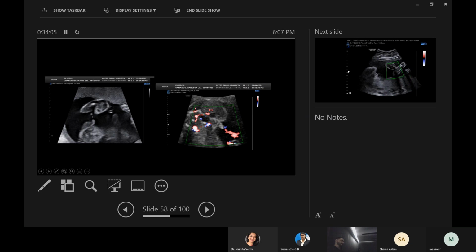Now, as I told you, in India there is a problem in seeing the gender also, but in this country we have to check. For the gender, they say the axial view, but let me share this oblique view with you, because in this view you can be very sure that there is no hypospadias. In hypospadias, you will not get the tip of the penis like this.